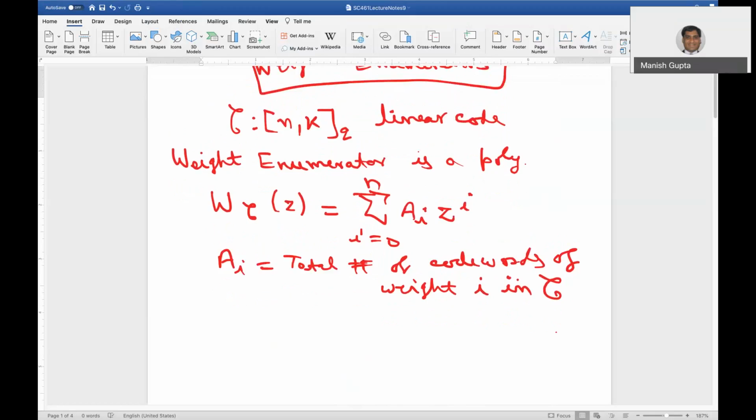Now this summation is from i equal to 0 to n of A_i z^i, and basically W_C(z) is nothing but A_0 plus A_1 z plus A_2 z squared plus dot dot dot A_n z raised to power n.